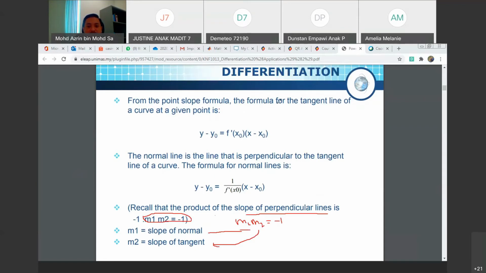So this one is for the tangent line, and this one is for the normal line.